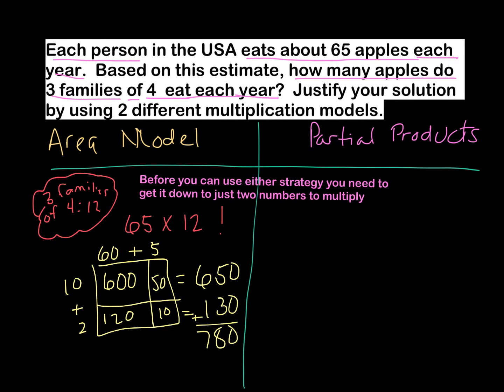Now we'll try the partial products method. 65 times 12, we stack those up. And we're going to start with the 1.